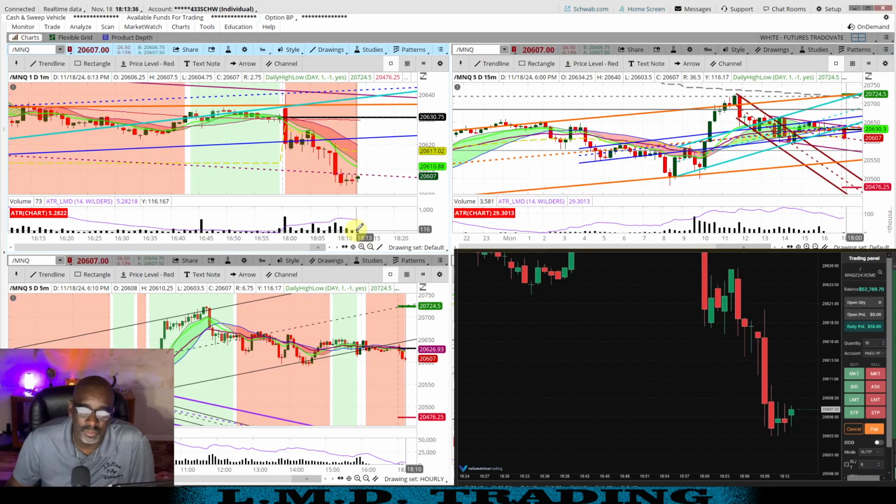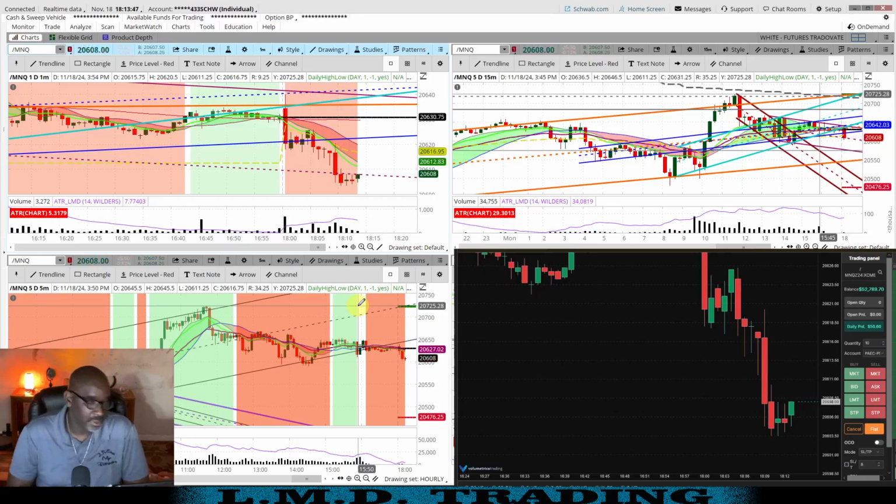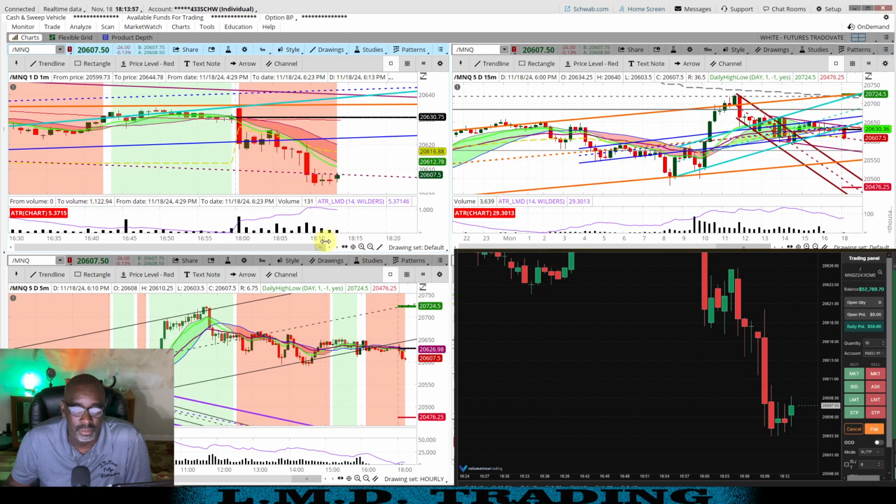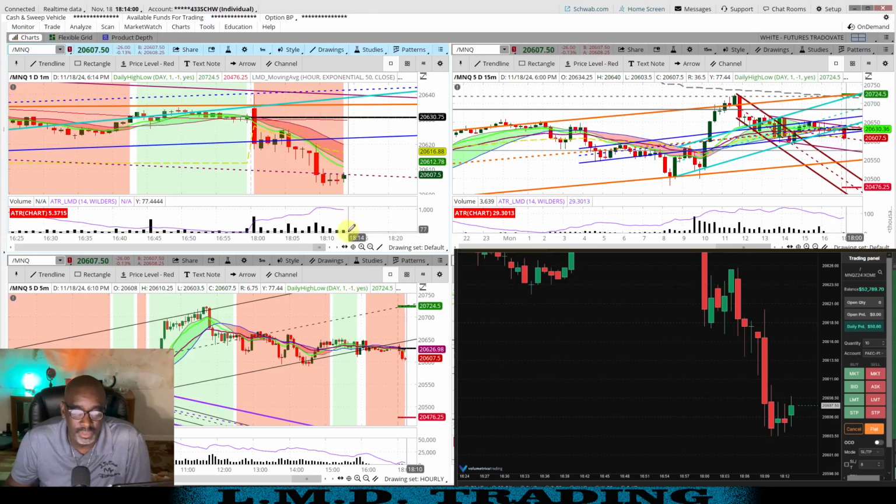Like this volume, it only has a little bit of room to stay below this one. Otherwise, it's going to break this one. And I expect to start seeing the next volume candle be a little higher, and then the next one be a little higher. And it kind of makes a bowl. You kind of get that bowl forming. Bring it out a little bit. You can see, I can highlight it.